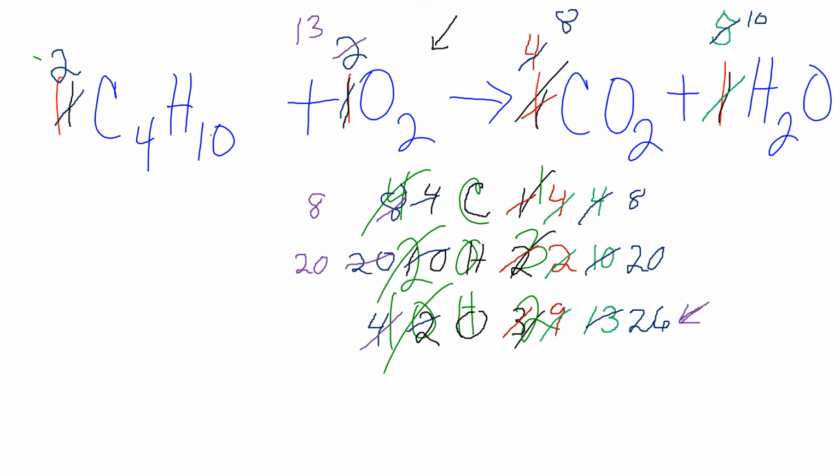And 13 times 2 is 26 oxygens. Okay, so according to chemistry, our coefficients are 2, 13, 8, and 10. If you balance this with 1, 13 over 2, 4, and 5, that is also a correct answer.